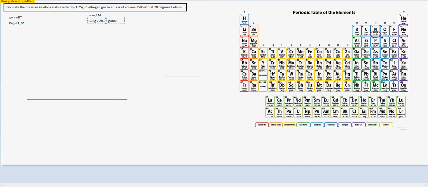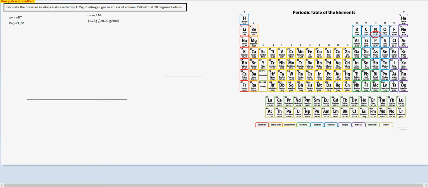You could flip these things around. Just remember the grams will cancel out, and then the mole will be on the numerator at the end once you do the math for this. Okay, so that's what our N is going to be.